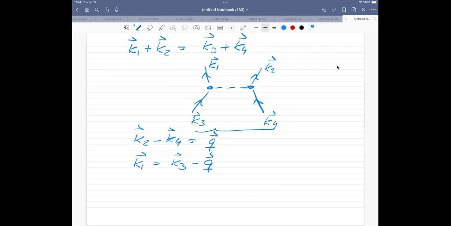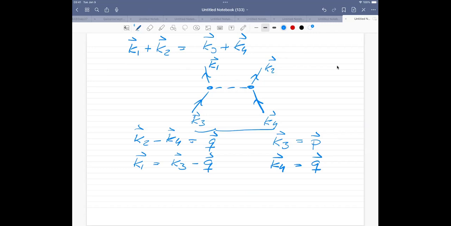If I define a new quantity, which I'm going to call P instead of K3, I'm going to simplify my notation by bringing in P and Q here. These are now different variables, which represent K3 and K4.